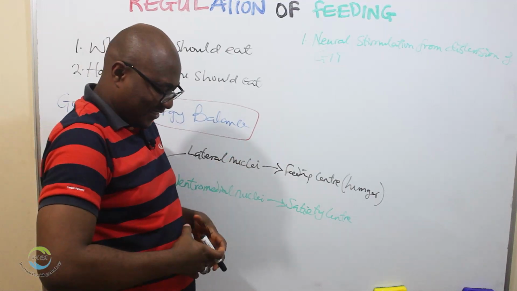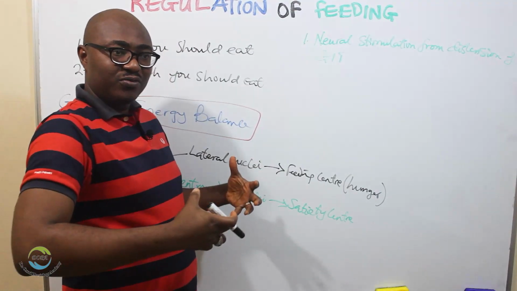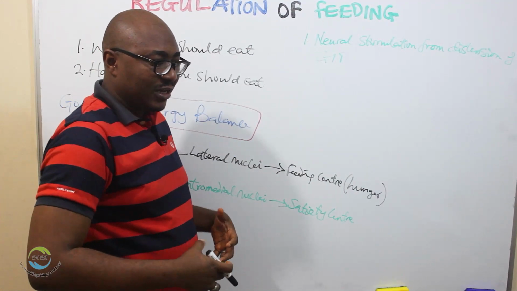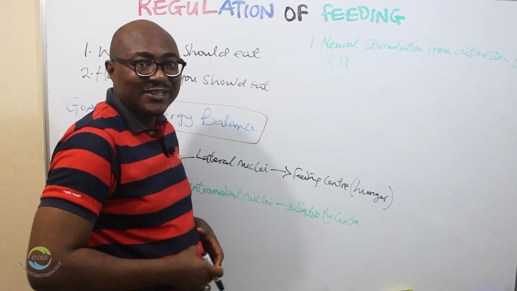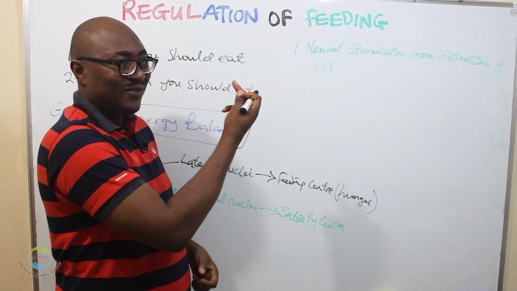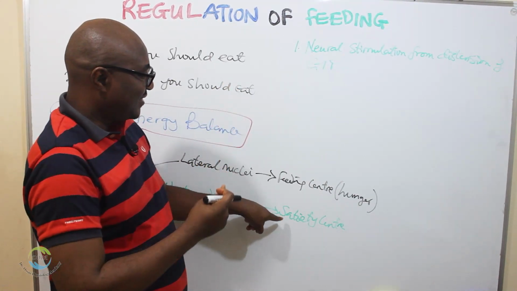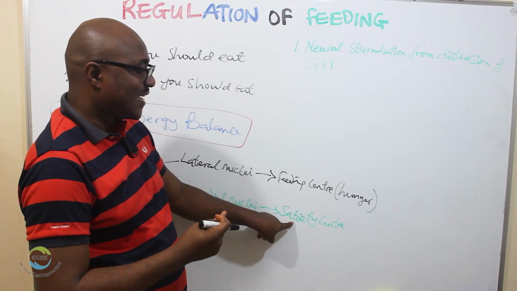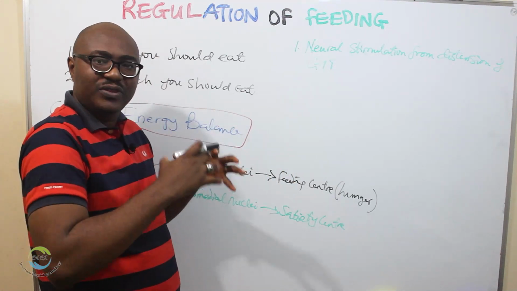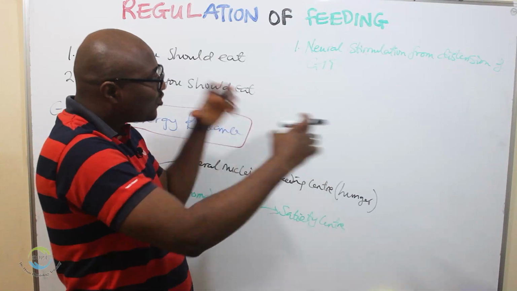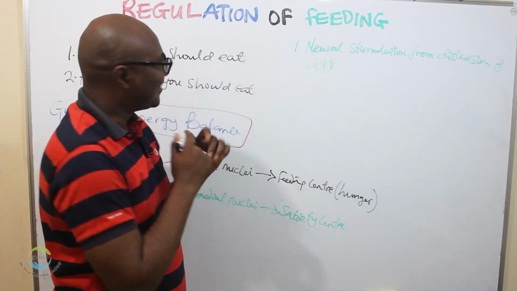The more food you take, the more your stomach is distended. That's why sometimes when you eat you say, my stomach is tight, I can't put in more. So it sends information that stimulates the satiety center to make you not want to eat again, telling you you've taken enough quantity. Through that neural stretch, it does that.